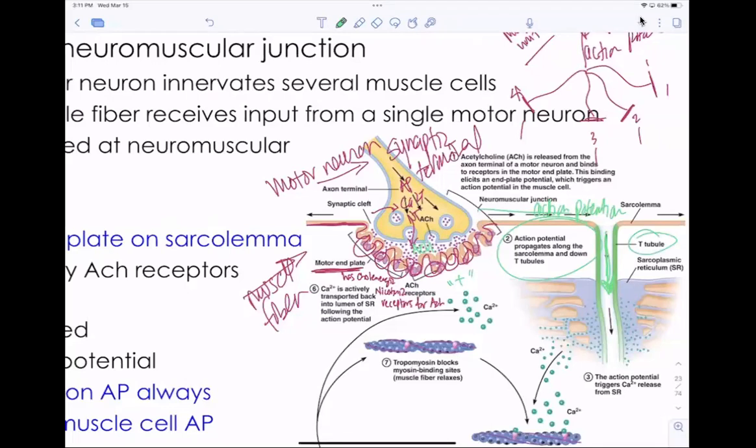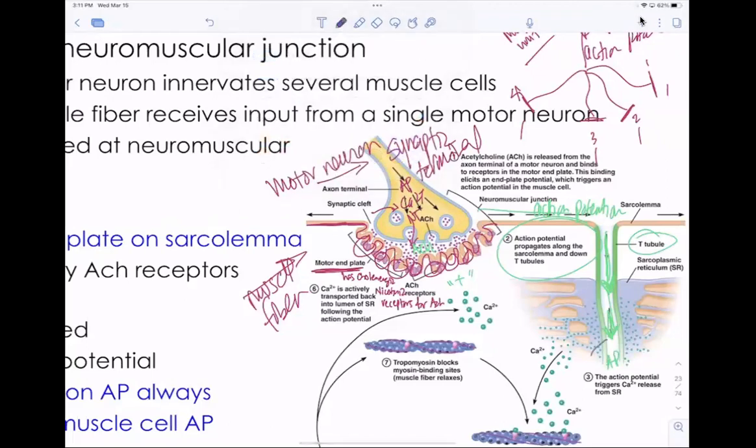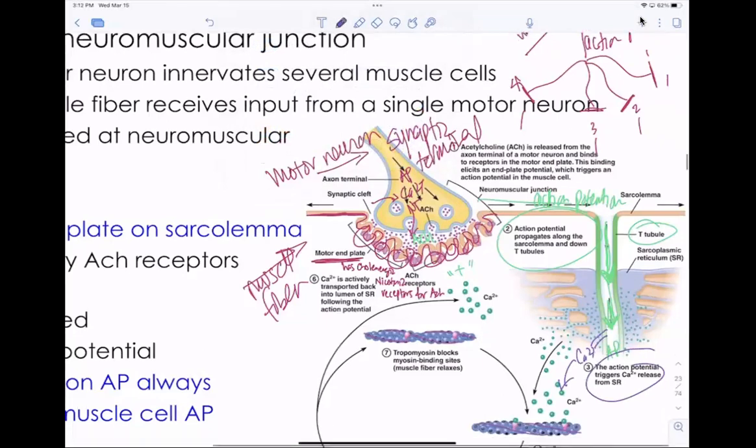Now, every place or every triad that the action potential goes past, it's then going to open voltage-gated calcium channels, and that's what triggers the release of calcium from the sarcoplasmic reticulum.